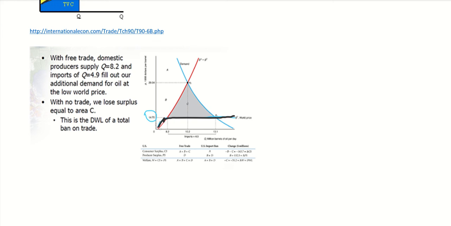Initially, it will follow the domestic portions, and then the foreign firms will drive the price down, not allowing the cost or the supply curve to go up. So under this case, first let's look at the producer surplus.